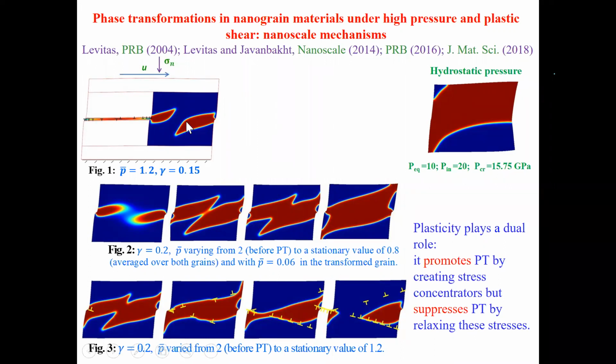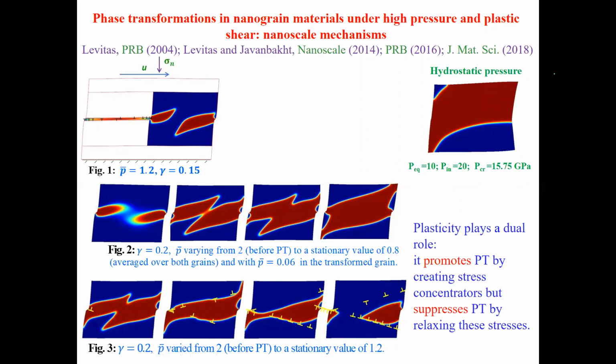But here we neglect the dislocations in the right grain. If you introduce dislocations, you see that the transformed region is much smaller. So it's not straightforward. Plasticity always plays a dual role. It promotes phase transition by creating a stress concentrator, but it also relaxes these stresses and competes with phase transition.